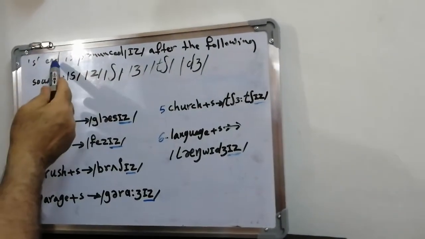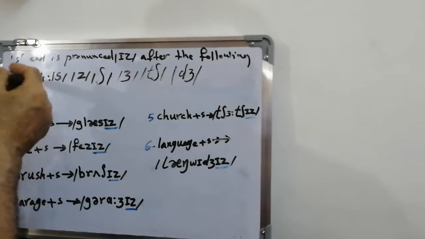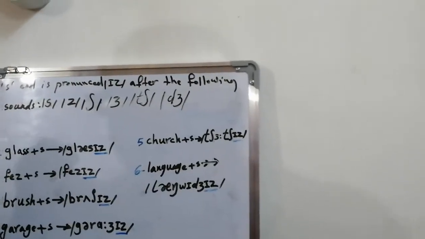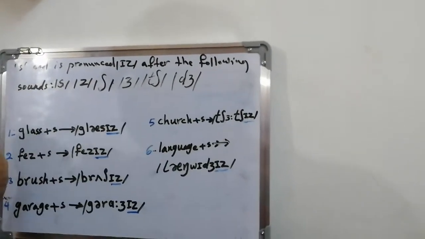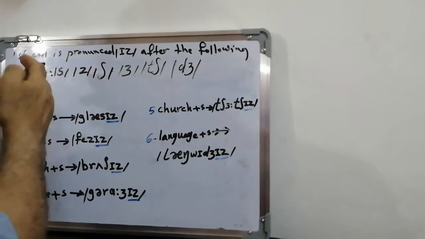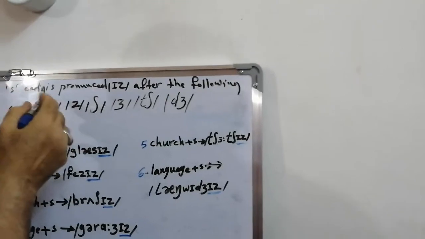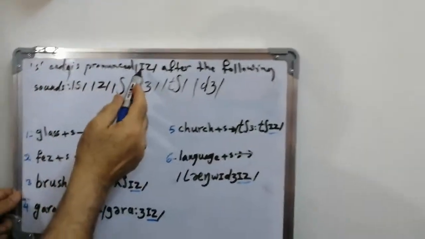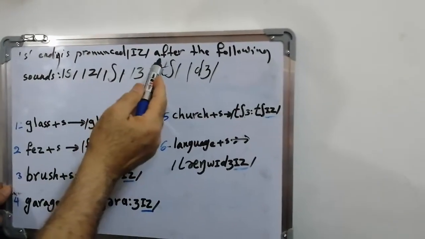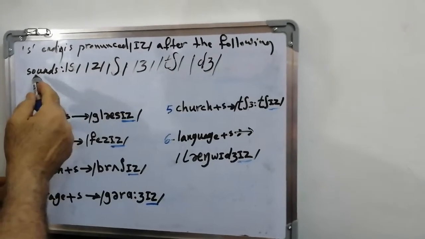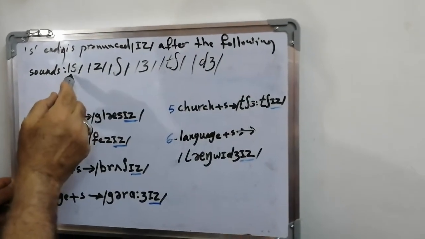Now let's see when S is pronounced as "is," just like the auxiliary is. The S ending is pronounced "is," just like the auxiliary is, after the following sounds. What are these? The se sound.